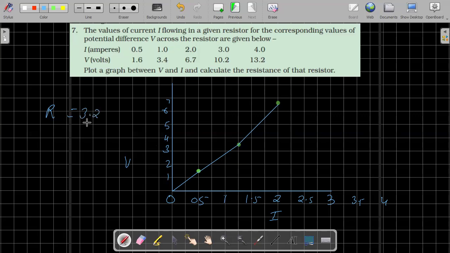So we take the resistance as 3.2 ohm, right? Since during the experiment there can be negligence for some accuracy. So we take here resistance as 3. Got it? So we observe that the graph is almost a linear graph that we obtain.